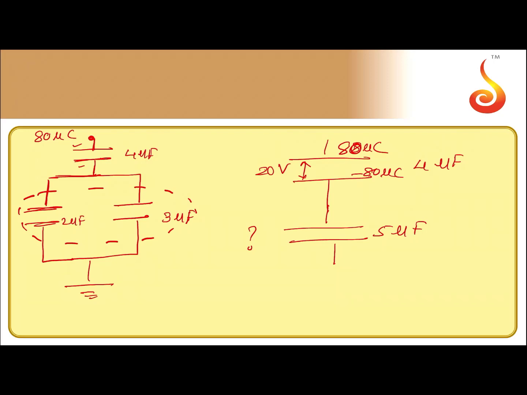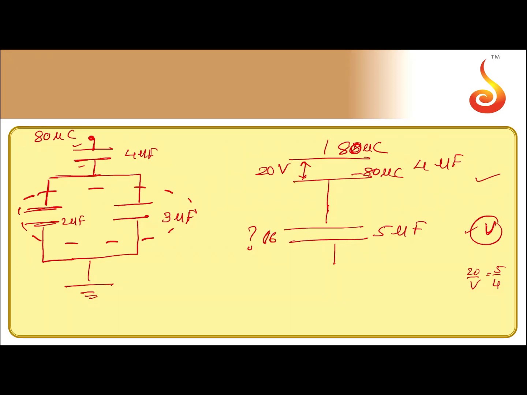In series combination, you notice that these two are actually connected in series now. In series combination, potentials divide in the inverse ratio of capacitors. So if I call the potential difference across this as V, 20 divided by V should be 5 by 4, or V is equal to 80 divided by 5, that is 16.